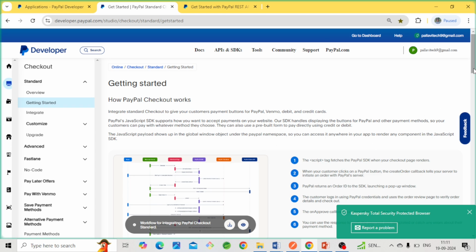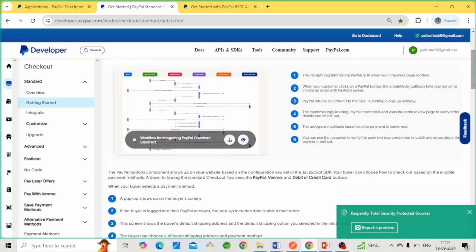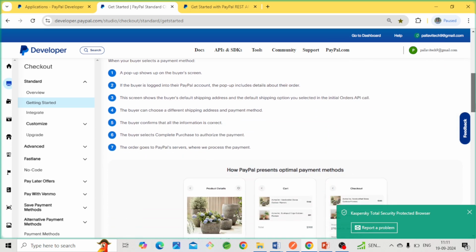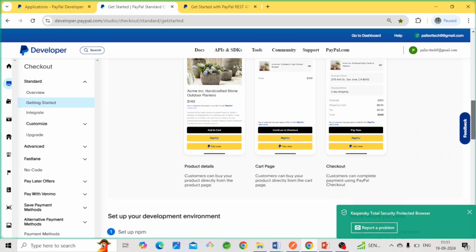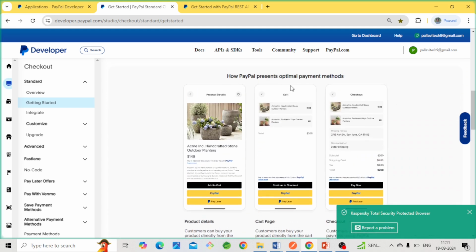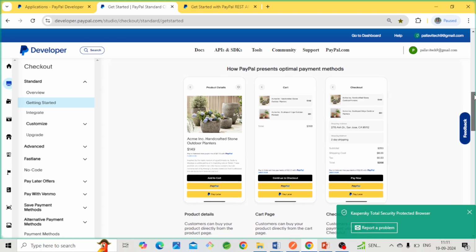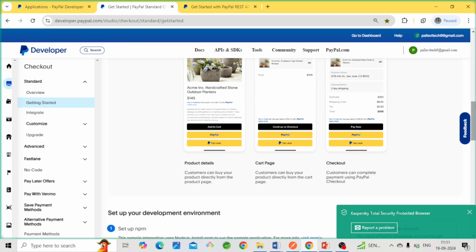The entire flow we just discussed is given here on the Getting Started page. See how PayPal represents the optional payment methods: card, product details, checkout session. Here it will show the optional payment methods also.